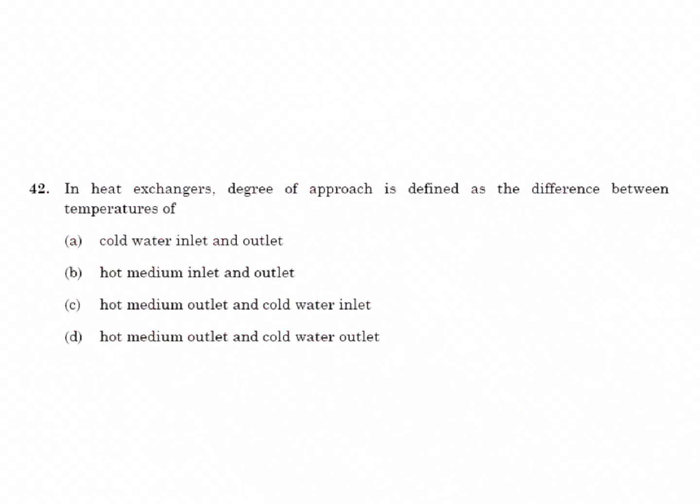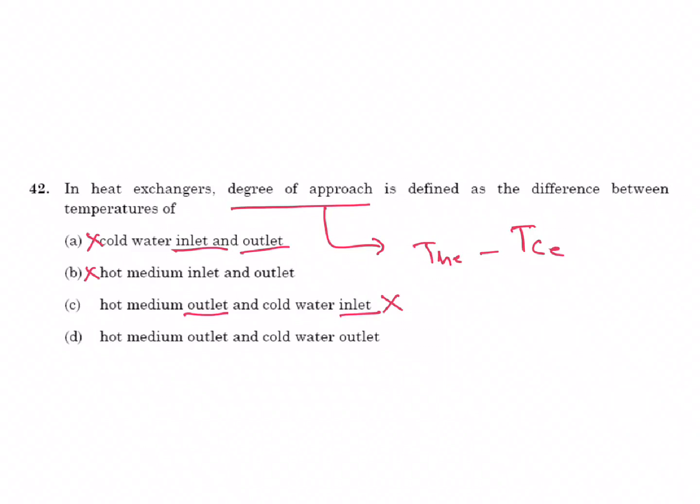Question: in heat exchangers, degree of approach is defined as the difference between temperatures of which fluids? It is the difference between the hot fluid exit temperature and the cold fluid exit temperature. Among the options, hot medium inlet and outlet, and cold water inlet and outlet combinations are not possible.